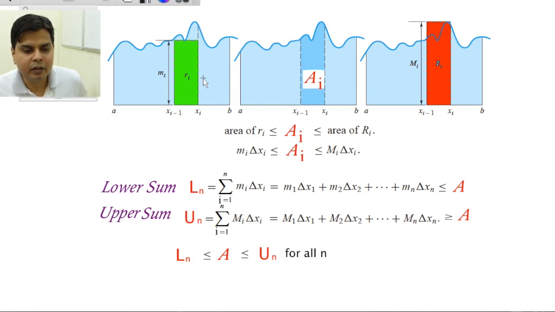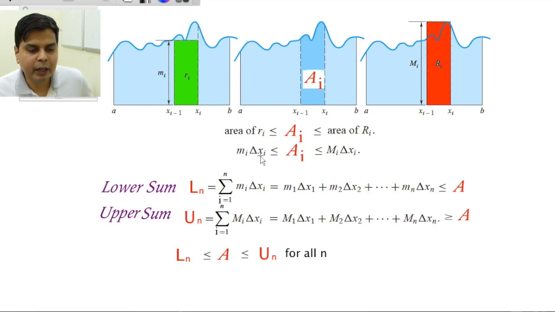Now as I had told earlier, the area of this rectangle will obviously depend upon the height you are choosing. If you are choosing the minimum value as your height, you will get a smaller area, that is this green area. If you are choosing the maximum value of the function as your rectangle's height, you will get a larger area, that is Ri.